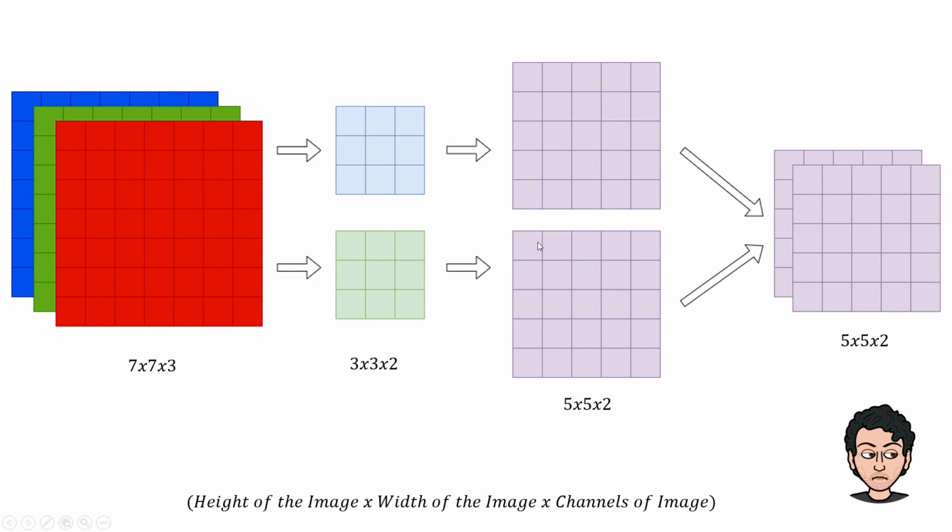Figuring the math: the dimensions of the input image minus the dimensions of the filter, divided by the strides, plus 1. So 7 minus 3 is 4, plus 1 gives me 5. That gives me a 5 by 5 image, and I have a stacked image of the convolution. These are the 2 consecutive convolutions that I have in the image. This is how RGB images work in a particular fashion.